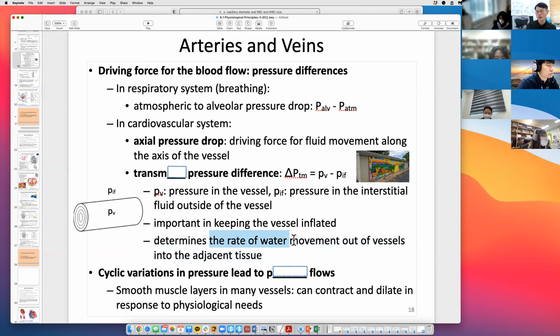So the rate of water coming out, we call this permeability, a measure of permeability out of the vessel into the adjacent tissue. So why is this important? Even in tumor tissue, the permeability is different, and usually it's higher, so it's a more permeable tissue, and that shapes solid tumor physiology as well. And we have to know about it for proper drug delivery.